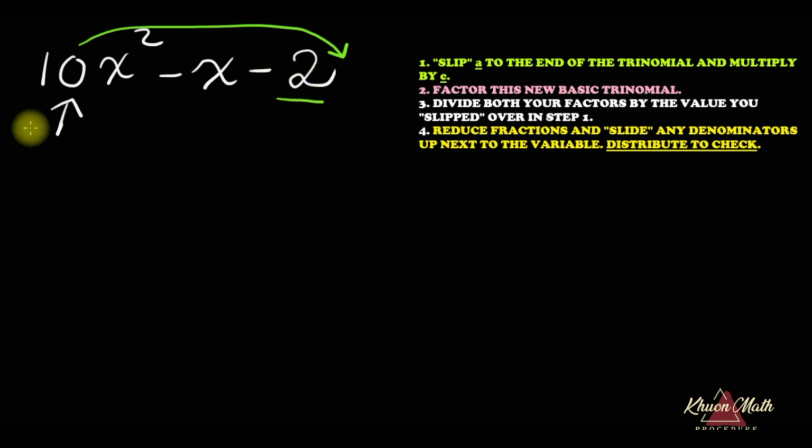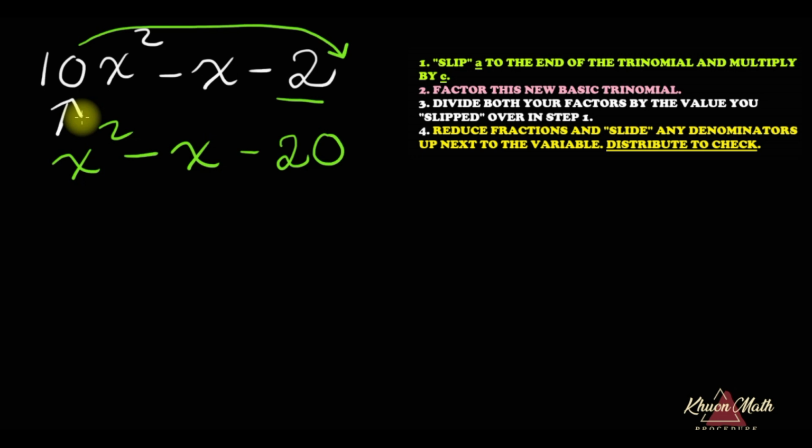C is negative 2. Okay, so the x squared stays the same, minus x, and then when we slip the 10 over, we get negative 20. So now factoring x squared minus x minus 20 is a lot easier than the original.